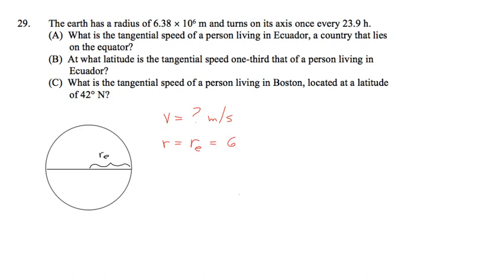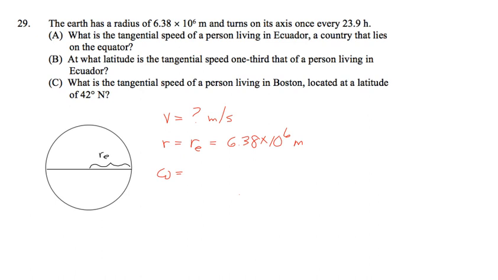And the radius of the Earth is 6.38 times 10 to the 6th meters, and we need the omega so that I can get the v. That's the formula that allows us to go from something angular to something translational, or translational to angular. When I say translational, I mean either linear, tangential, anything where the center of mass moves through space.